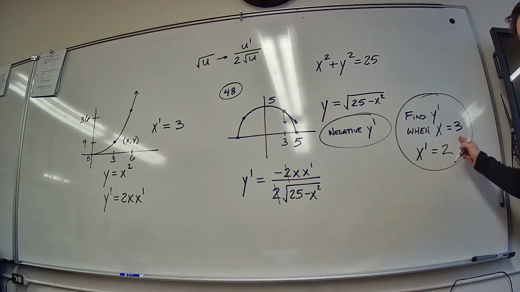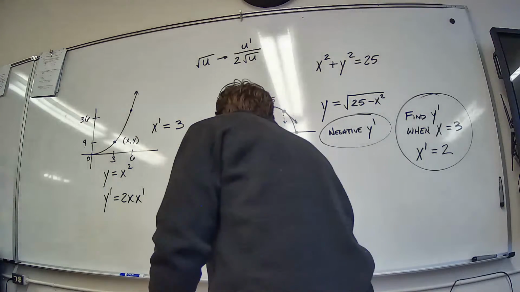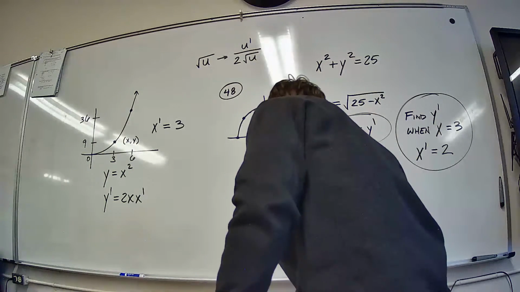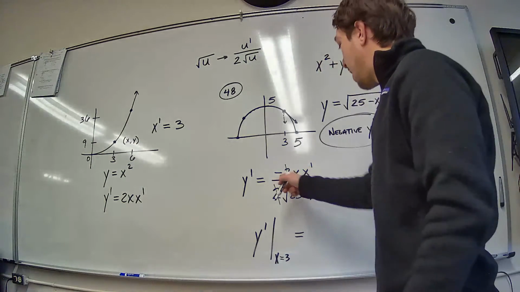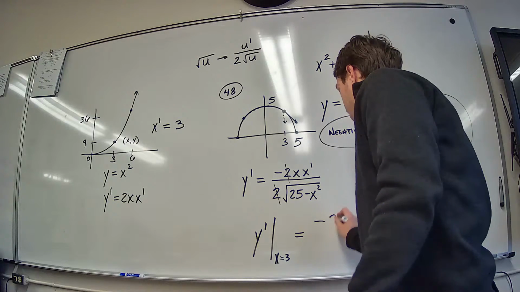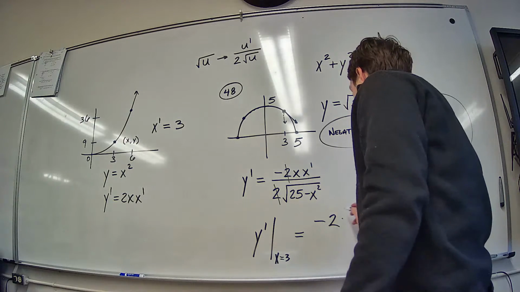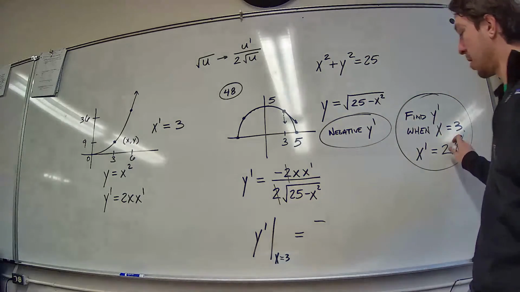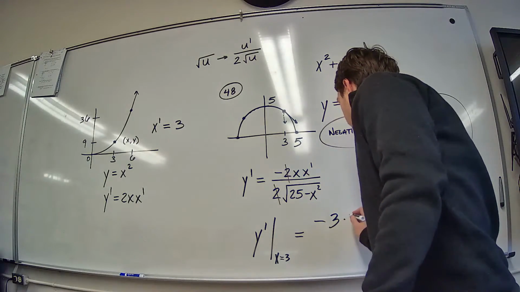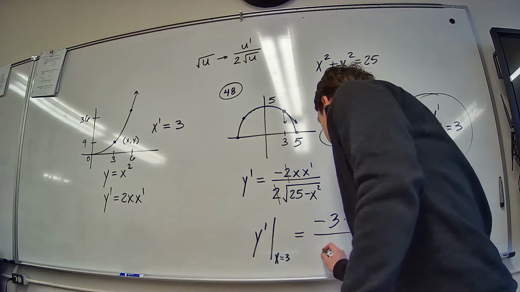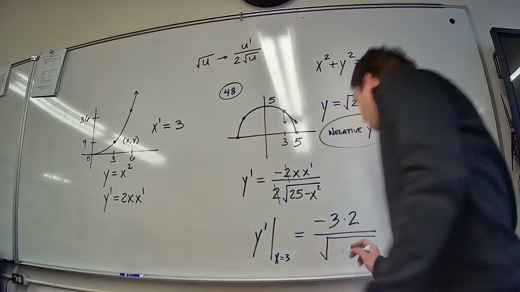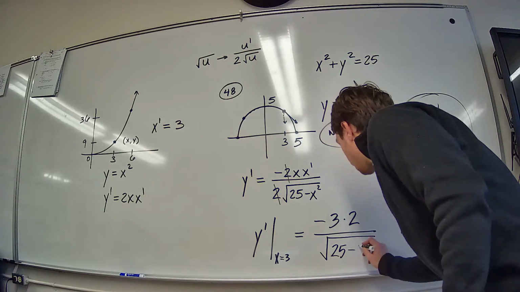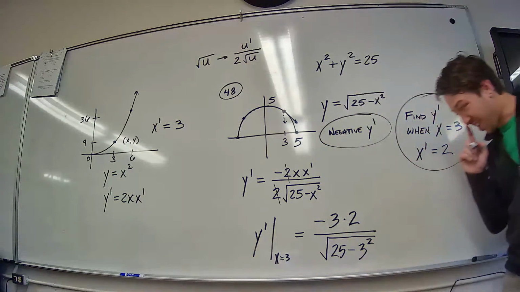So the value of y prime at the moment when x is 3 would be negative x, which is 3, times x prime, 2, over the square root of 25 minus 9.